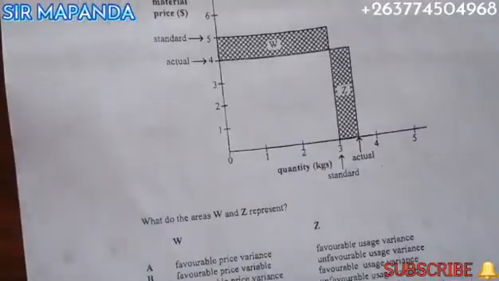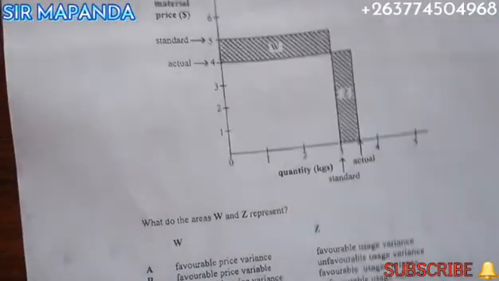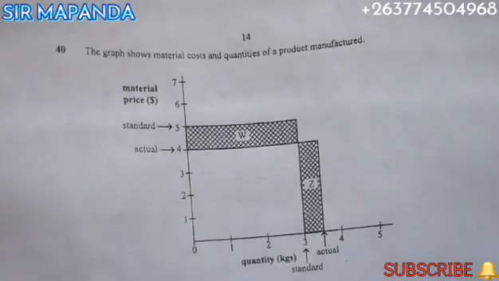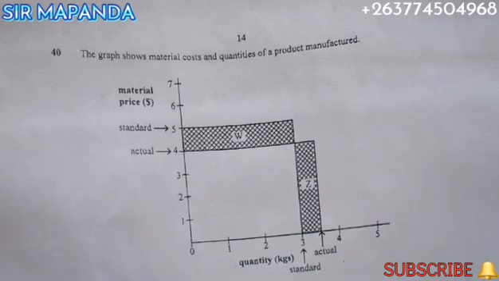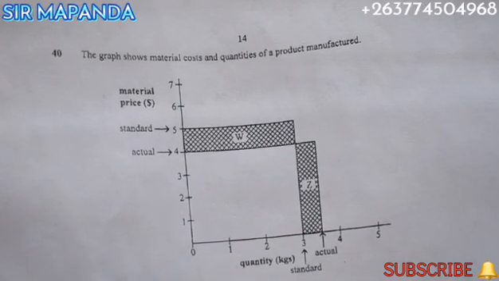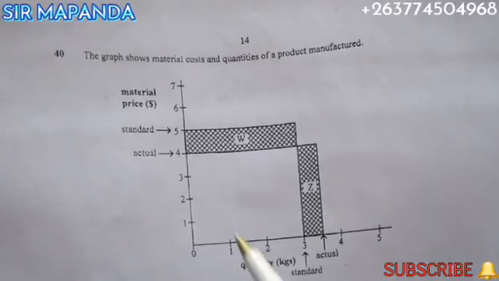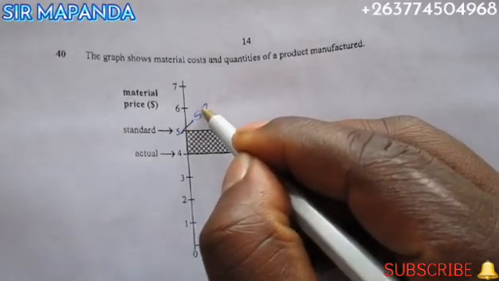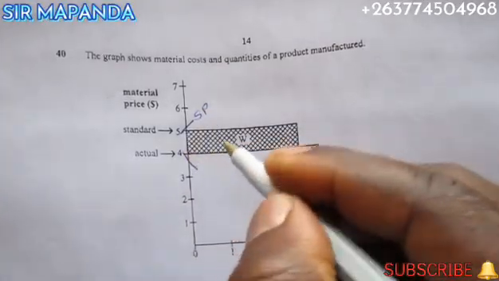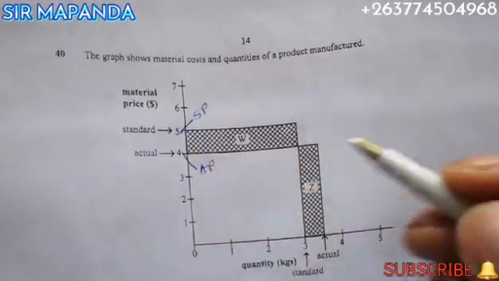We move on to the last question for today. It reads, the graph shows material costs and quantities of a product manufactured. What do the areas W and Z represent? So this 5 represents the standard price. This 4 represents the actual price.